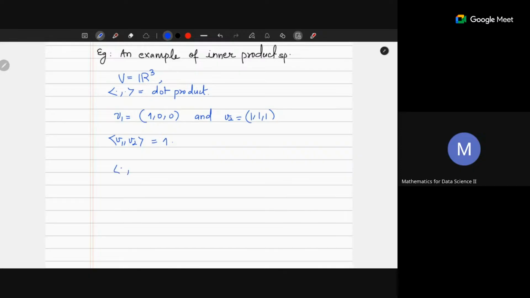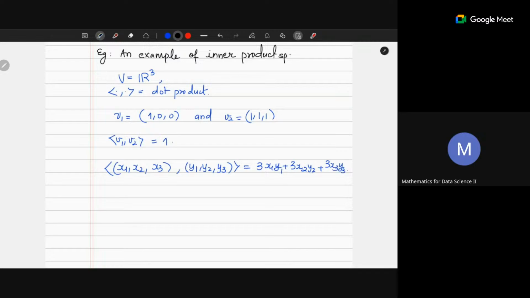Now let me change the inner product. Instead of the usual dot product, let's take 3 times x1 y1 plus 3 times x2 y2 plus 3 times x3 y3.